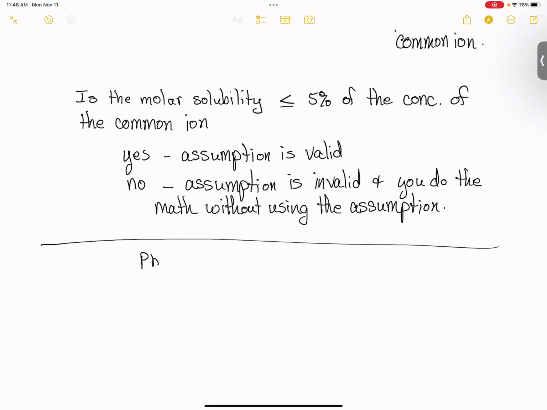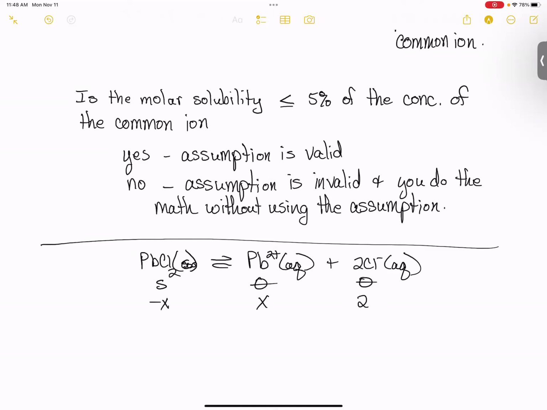Basically it says lead chloride solid dissociates to form lead 2+ plus 2 chloride minus. When you write out the ice table, you would have solid, and none of the lead and none of the chloride. You would lose X amount of lead chloride, and gain X amount of lead and 2X amount of the chloride. So at equilibrium, you have solid lead chloride, X amount of lead, and 2X amount of chloride.